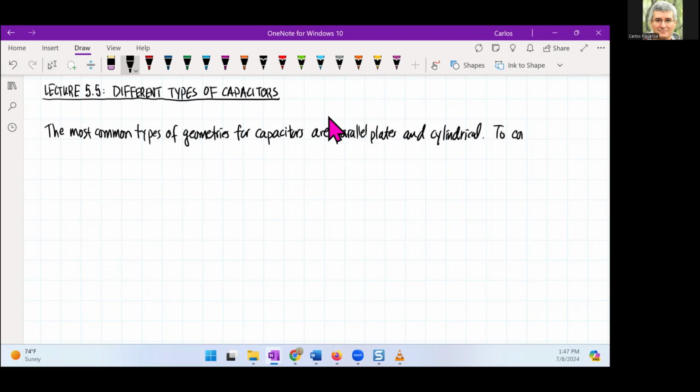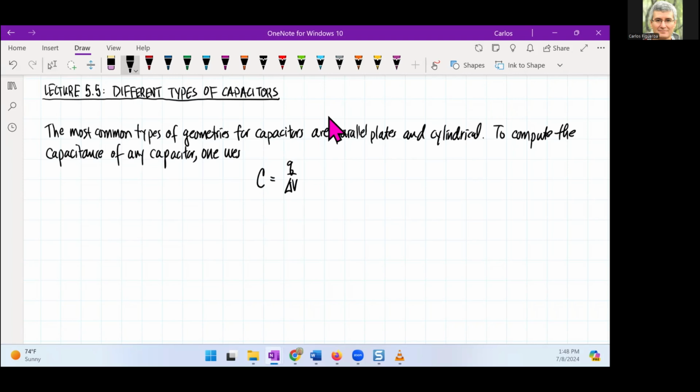To compute the capacitance of any capacitor, one uses the capacitance is equal to the charge divided by its voltage.